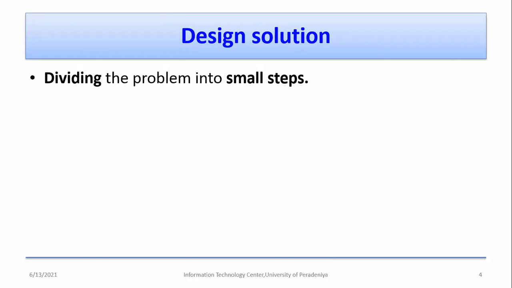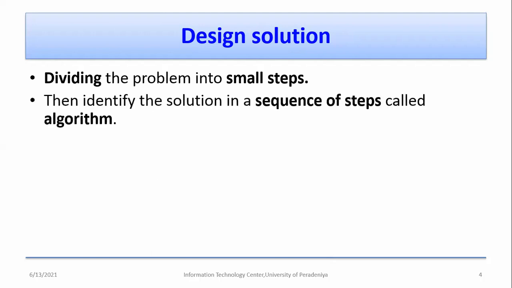Okay, and then when you design the solution, the problem can be divided into small steps, into some sub problems. Then we identify the solution as a sequence of steps called an algorithm.